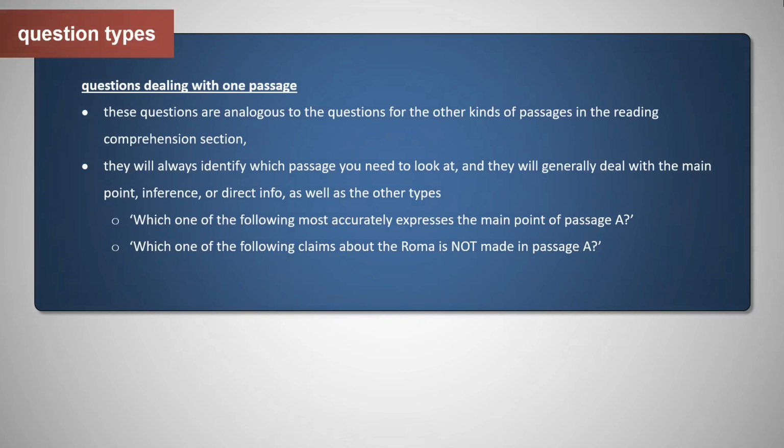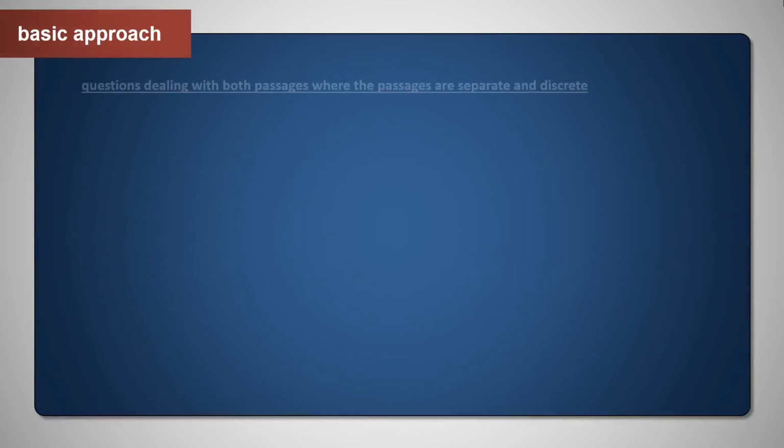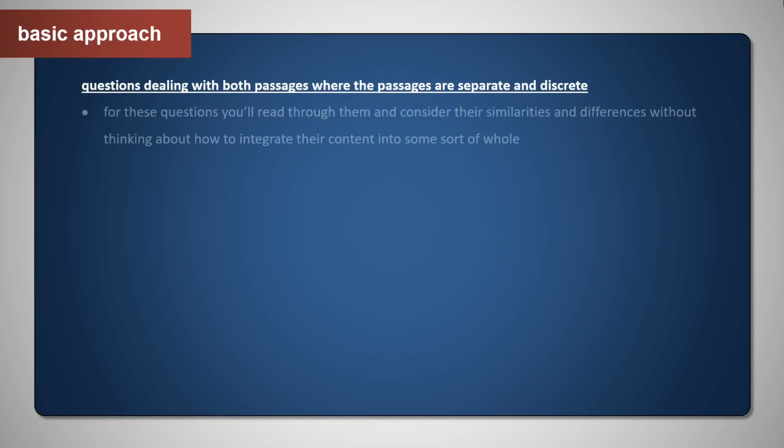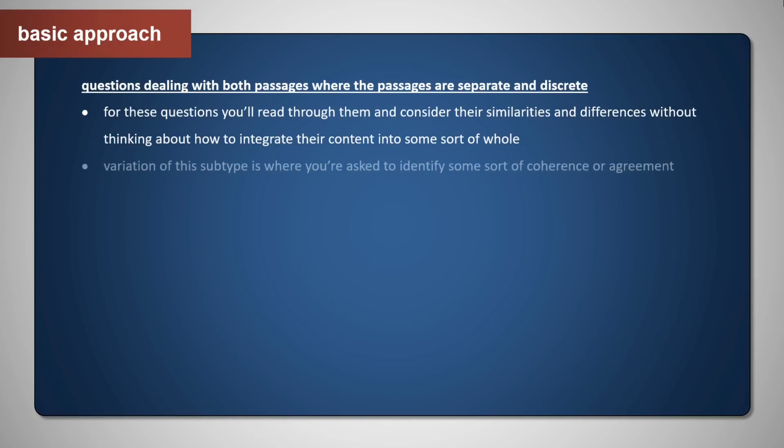Now, with respect to the basic approach, questions dealing with both passages where the passages are separate and discrete are one particular approach. For these questions, you'll read through them and consider their similarities and differences without thinking about how to integrate their content into some sort of whole. A variation of this subtype is where you're asked to identify some sort of coherence or agreement.